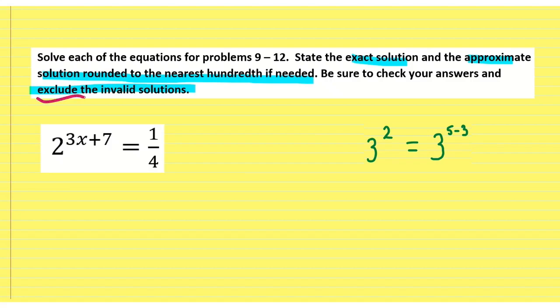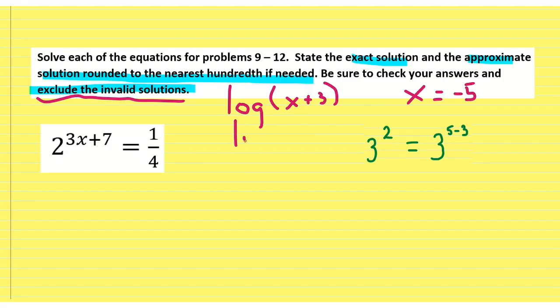So this part right here, excluding invalid solutions: if we have a log, and let's say that we had x plus 3, but let's say that we found an answer for x that was x is equal to negative 5. Well, if we plug that in, log of negative 5 plus 3 is the log of negative 2.